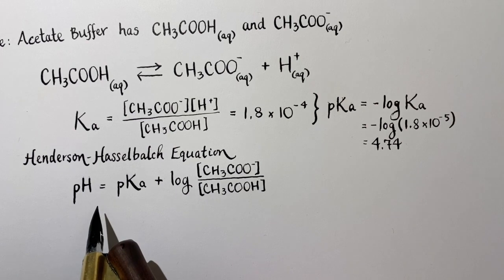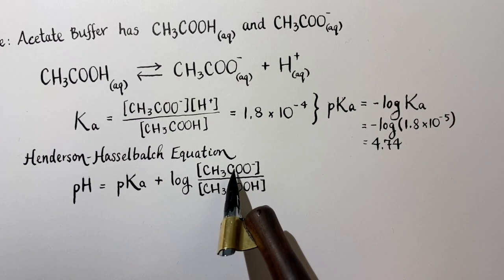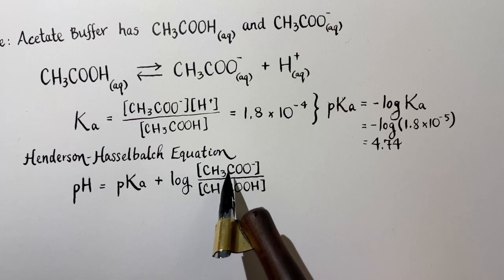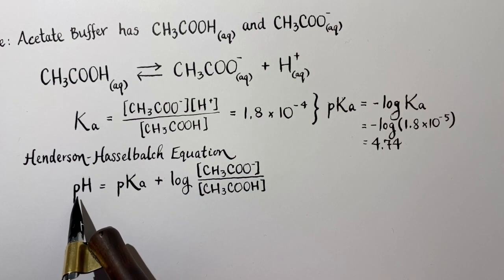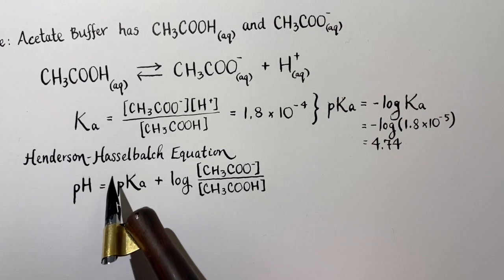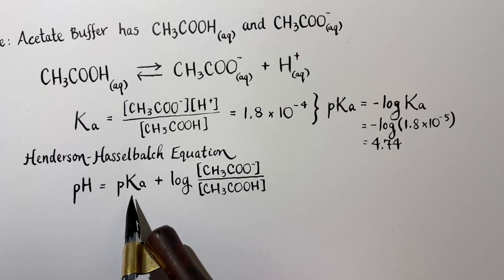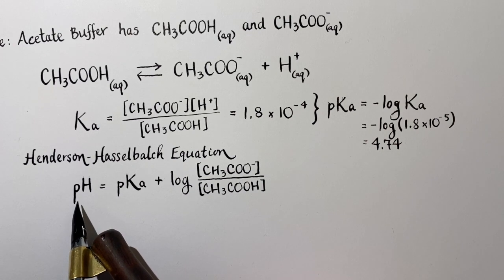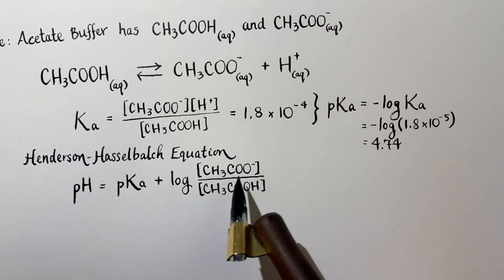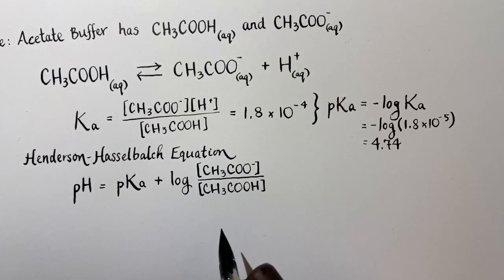And we can ask a lot of different kinds of questions. You could put in concentrations of these and measure the pH, and then you could calculate pKa. Or maybe you know the pKa of a known acid, and you have a target pH that you want, and then you could calculate the appropriate ratio of how to mix these together.